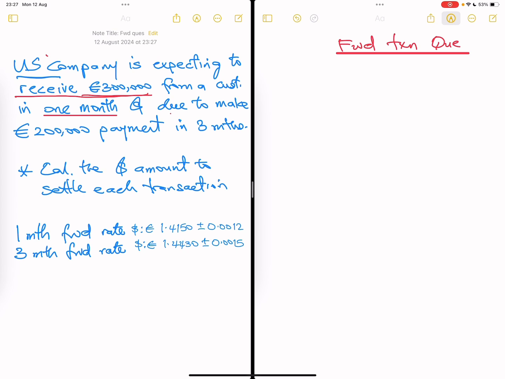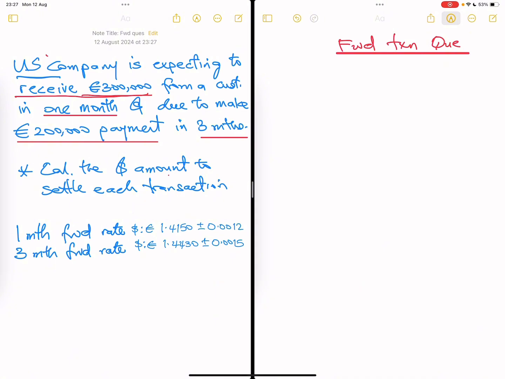And at the same time, it's due to make 200,000 euro payments, and this is happening in 3 months. So it's also exposed in another 3 months for payment of 200,000, and that means it's going to be thinking what the exchange rate would be between dollar and euro. So because there's a time lag, there's an exposure.